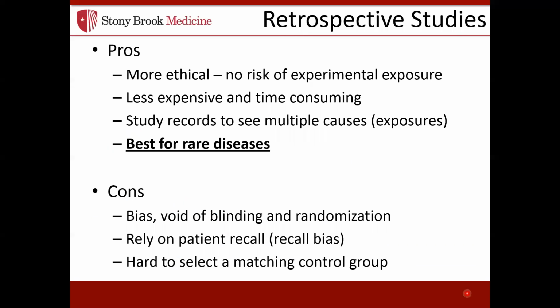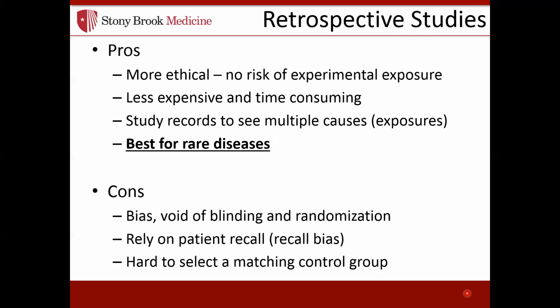Some pros for this type of study, though, are that it is more ethical. There's not a risk for experimental exposure. It is less expensive and less time consuming. Also, you have access to study records and you could see possible multiple causes or exposures. It's also best for rare diseases.